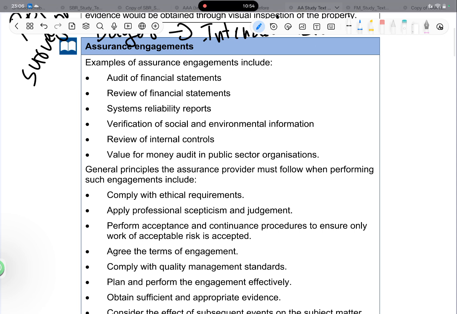Another important area is the verification of social and environmental information, especially today when companies report on sustainability and environmental impact. There can also be reviews of internal controls, where professionals examine whether a company's internal systems are effective. And finally, in the public sector, we often see value for money audits, which evaluate whether government organizations are using resources efficiently and effectively.